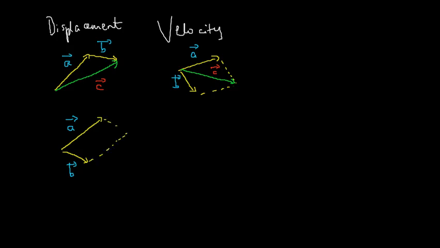Then, according to the idea of using a parallelogram, the resultant would be just the diagonal. So this result would be the C arrow. Now if you look at this result and this result, these two lines are of exactly the same length and pointing in the same direction.